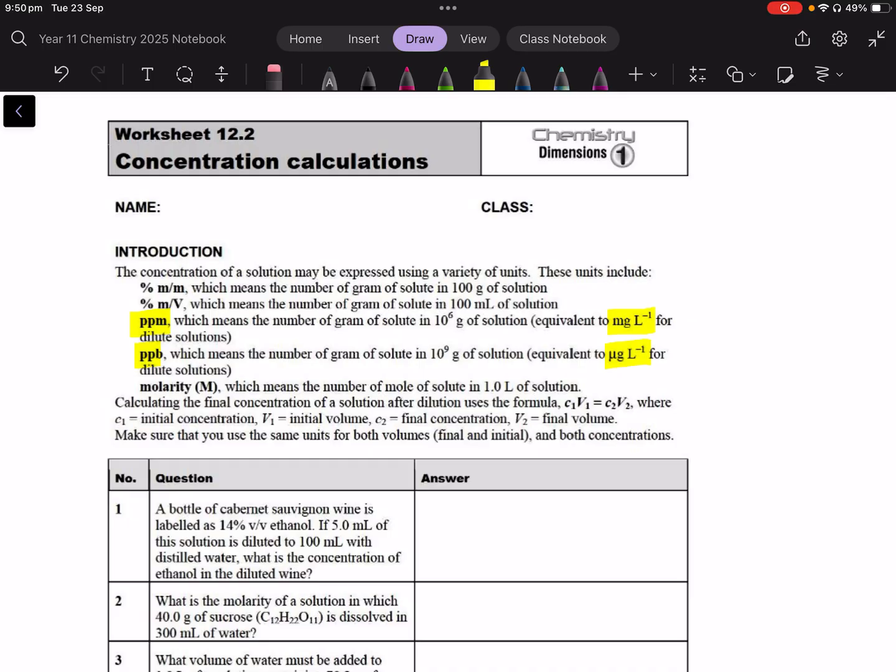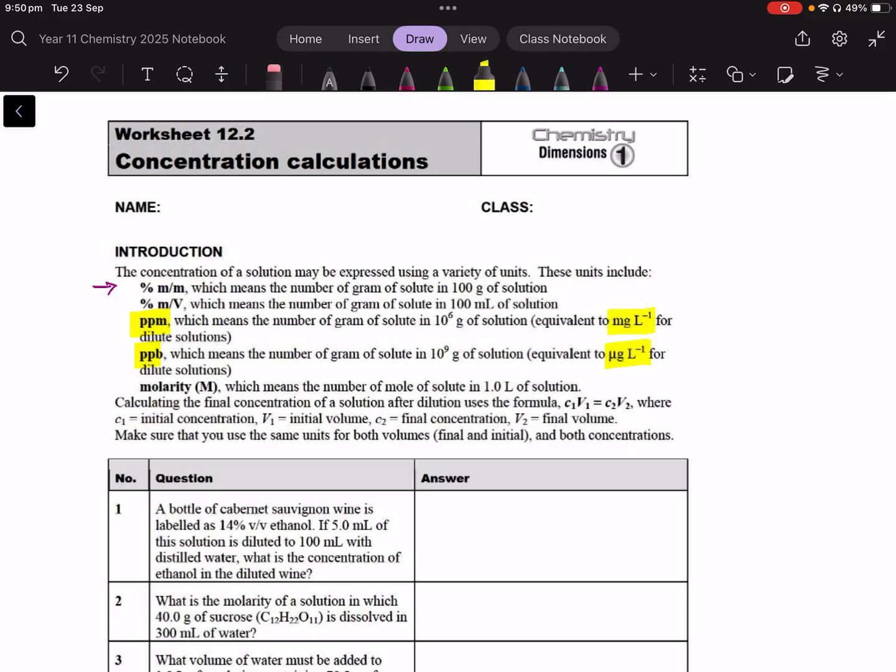And then you could have, we talked about this one already when we did our titration, mass of something in 100 grams of sample, or mass of something in 100 milliliters, so mass over mass or mass over volume.